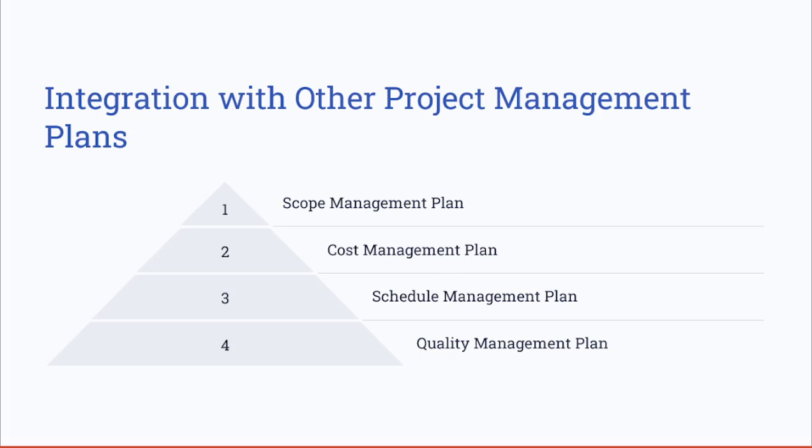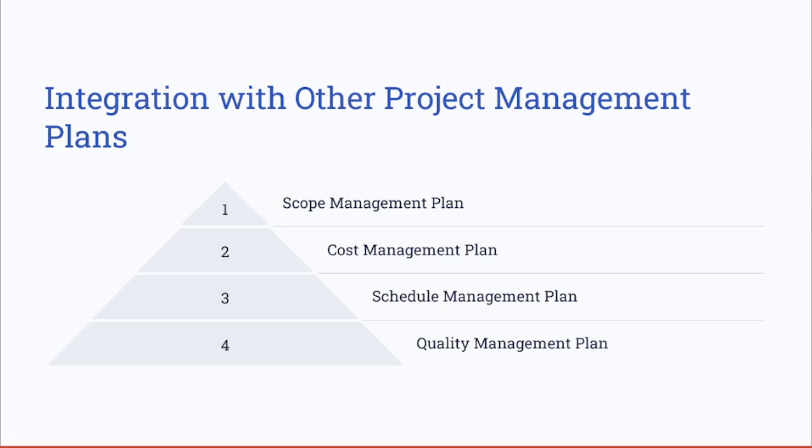Now let's understand how the scope management plan integrates with other project management plans. The scope management plan is not a standalone component. It integrates with the other project management plans like cost, schedule, and quality management because based on the scope, you're going to estimate the cost, and you're also going to estimate the time needed to develop the project.